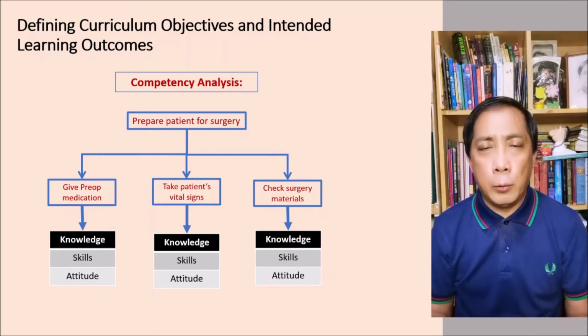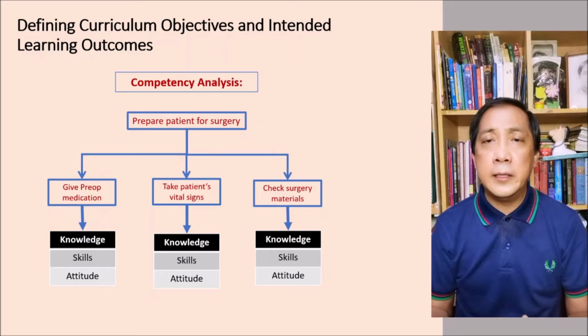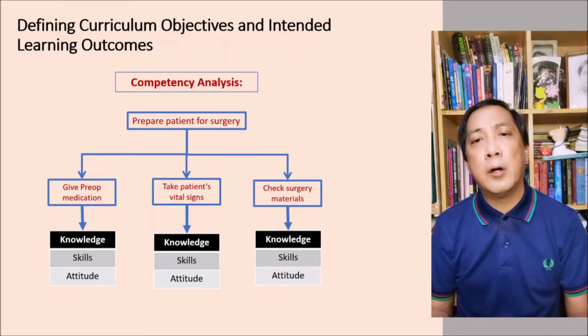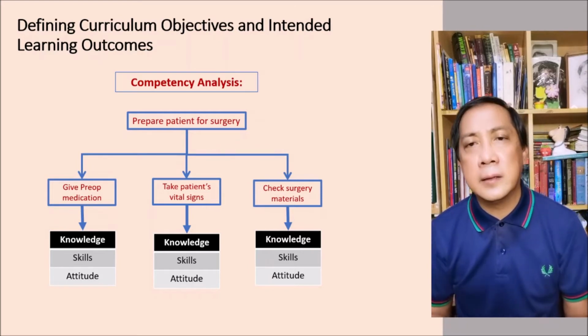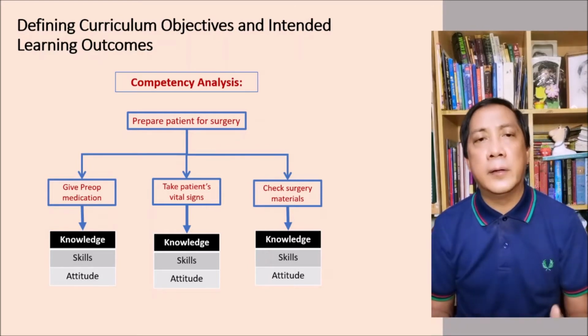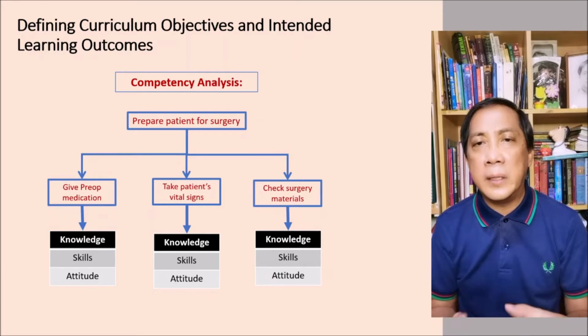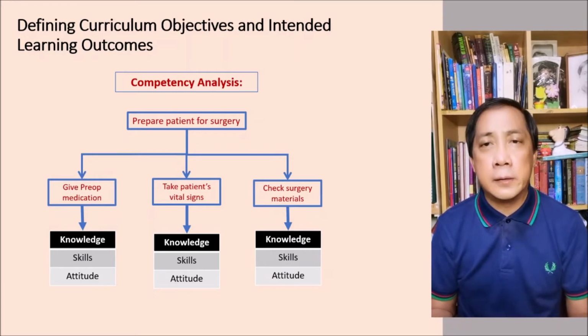You need to know what the indications or contraindications of a certain pre-op drug are. Is the patient diabetic? Is the patient hypertensive? Or is the patient suffering from other comorbidity that may impact your choice of pre-op medication?